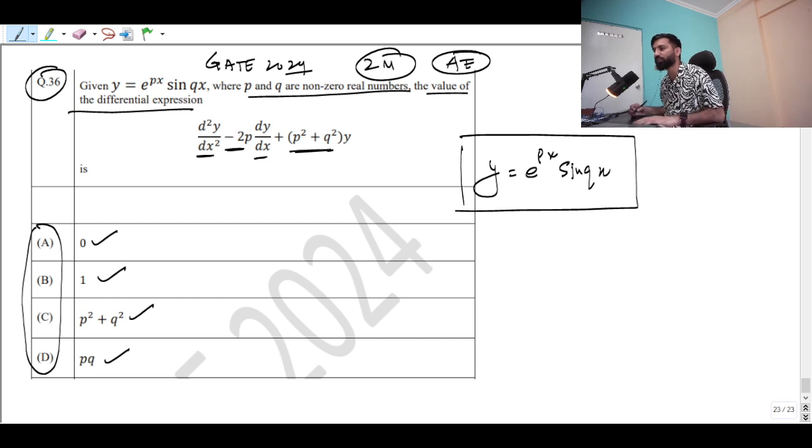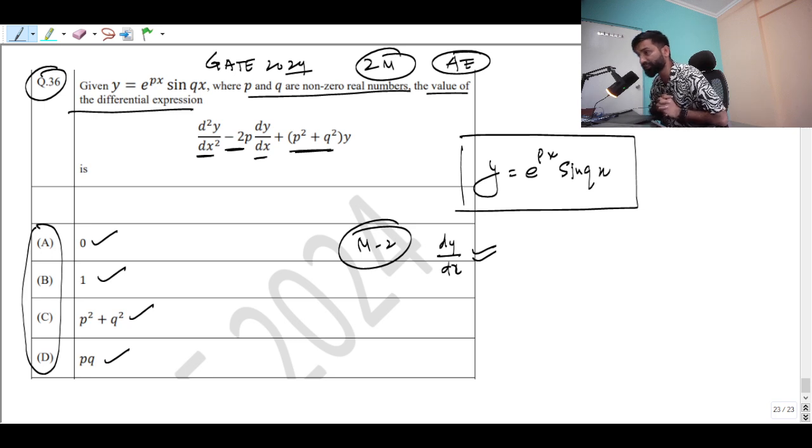There are two methods. Method 2 is: first of all, you find dy by dx. This question was given to check your knowledge of the chain rule, because this is a composite function, where you have to apply the product rule or chain rule in order to differentiate.